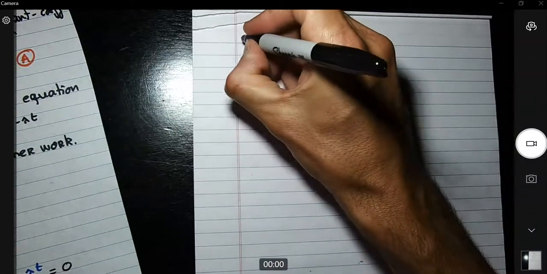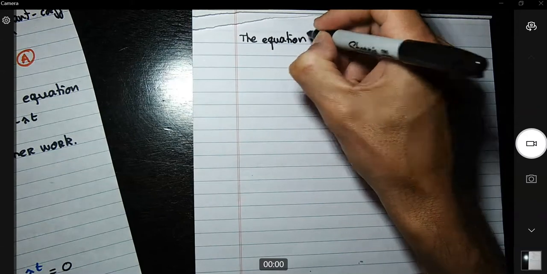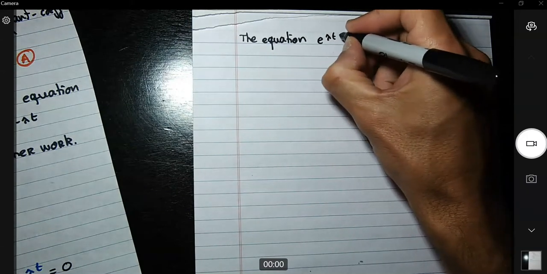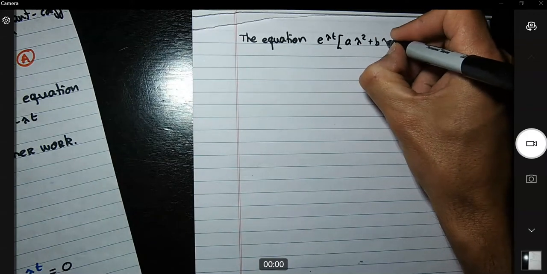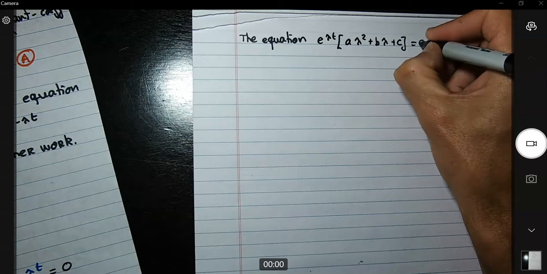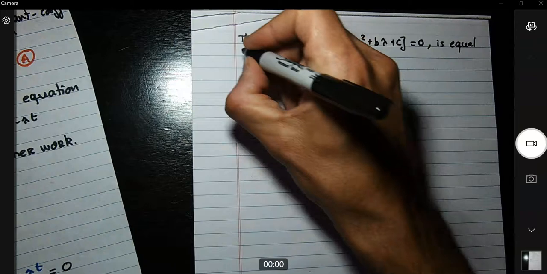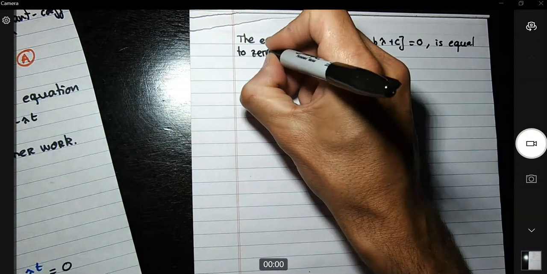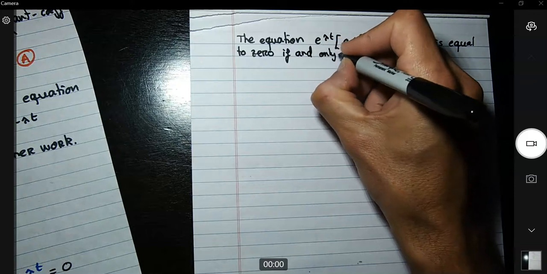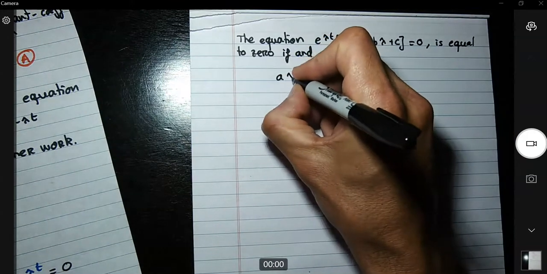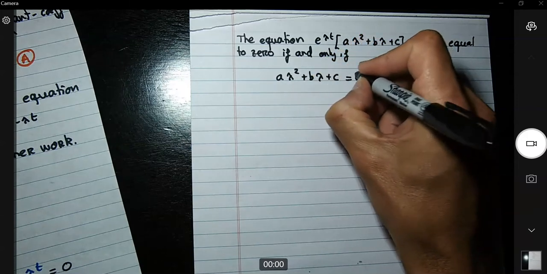So the equation, I'm going to rewrite it on top of this page. E lambda t times A lambda square plus B lambda plus C is equal to 0 if and only if we have A lambda square plus B lambda plus C equal to 0.